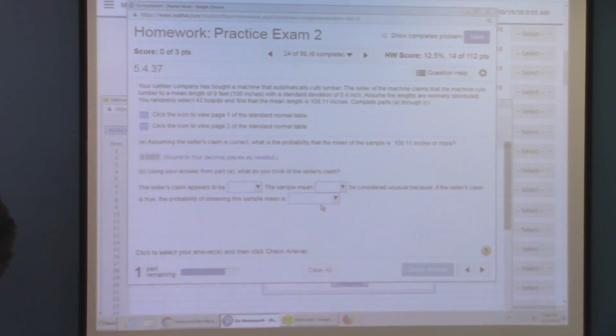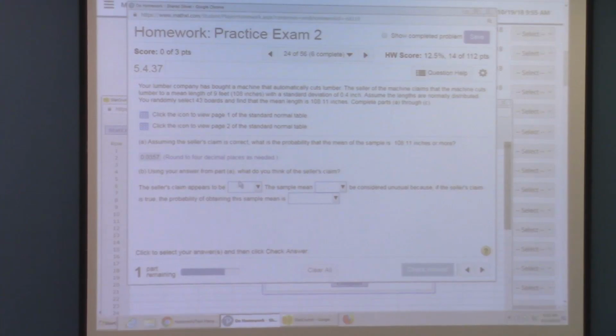it's a very, very small probability, right? Do you see that? It's a very small probability. So if the claim was true, then this would not have come out so low.